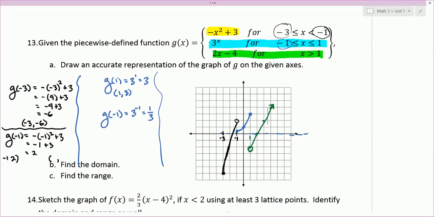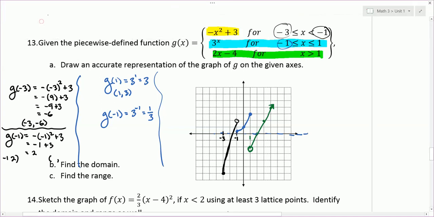Find the domain. So the furthest to the left is negative 3, and that's included at negative 3. We got a solid point. Furthest to the right is, well, it's going to go as far right as we want, infinity.